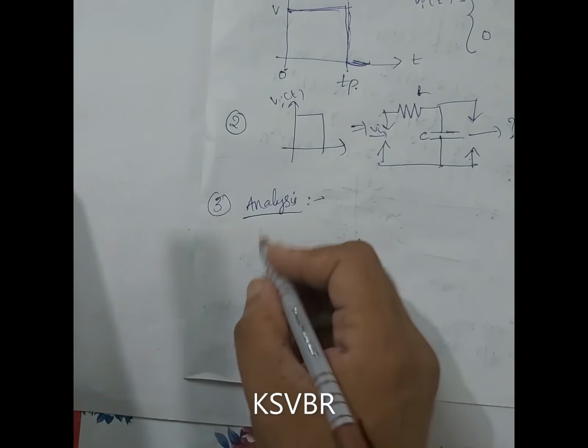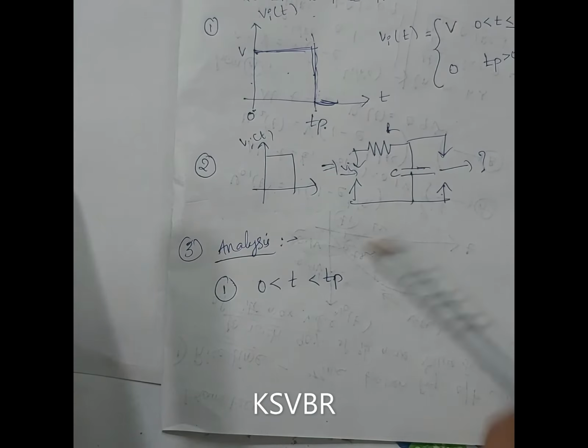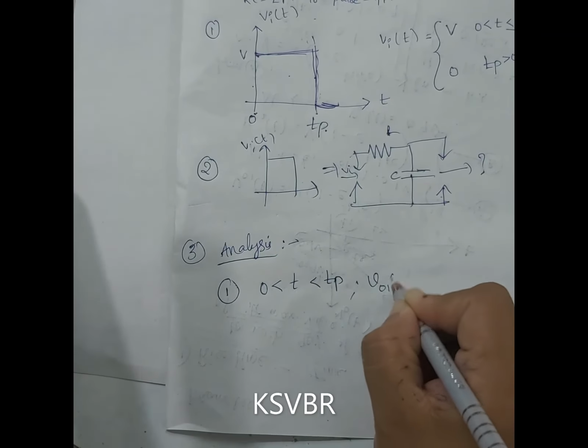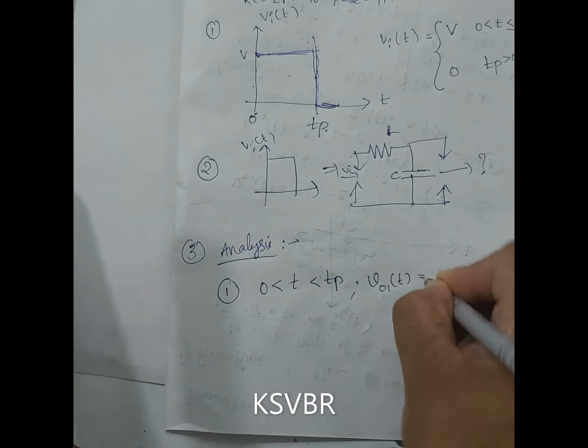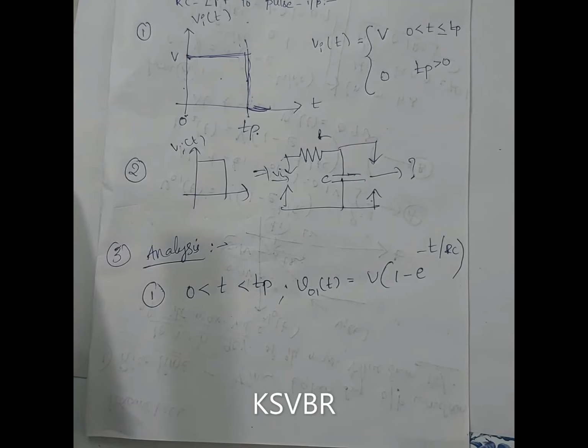Okay, so the response is also same as step, which is exponentially increasing. So at 0 less than t less than Tp, the input is same as square signal. So what will be the output? V01 of t is equal to V into 1 minus e power minus t by RC. Same output will come. Nothing will change here.